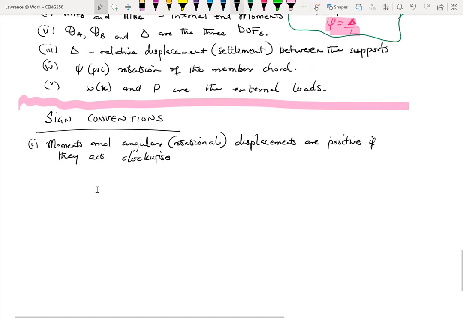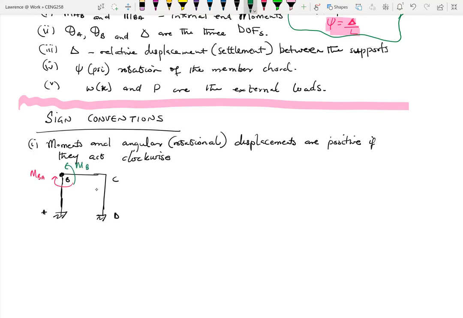So for example, if I take a beam, or let's say a frame, and I'm focusing on this joint here, and I say this is A, B, C, and D. I have moments here. Let me call this one MBA, and let me call the green one here MBC.